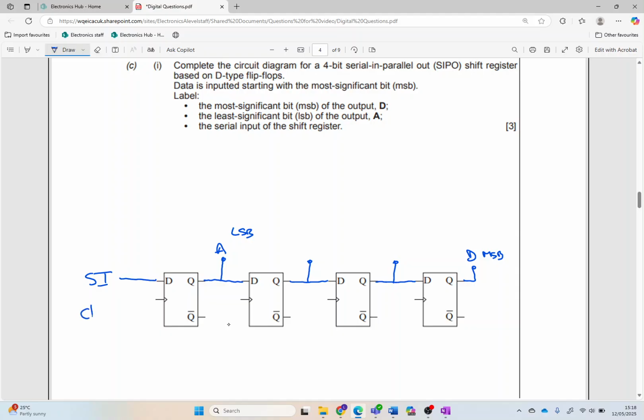And then because we want it all to happen at the same time, we're going to connect the clocks all together so that each of the bits gets clocked through at the same time. So we get the first bit in, most significant bit in, goes to there, next clock pulse goes to there, next pulse goes to there.